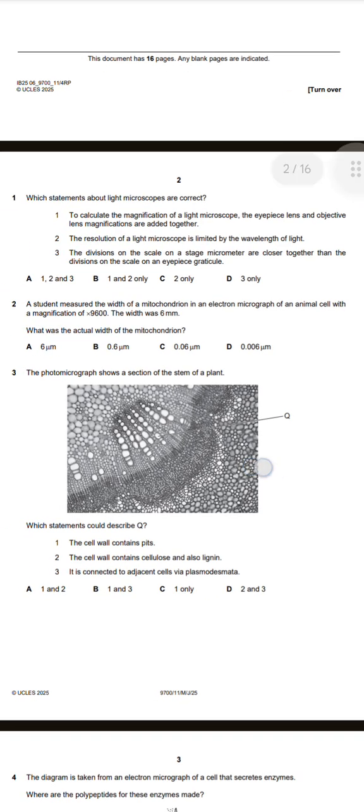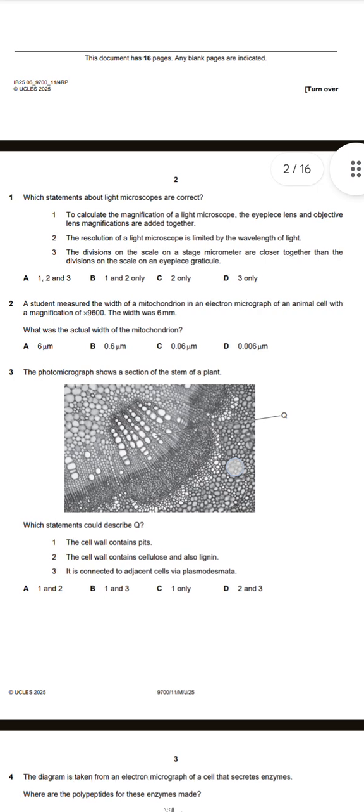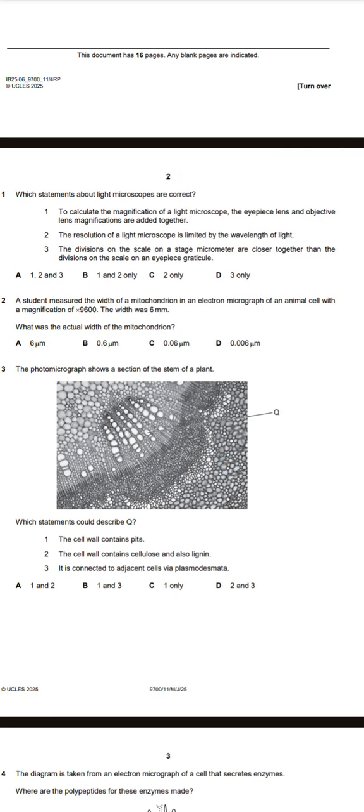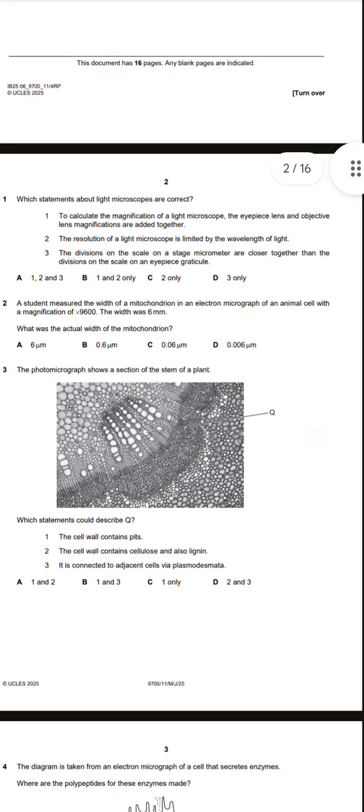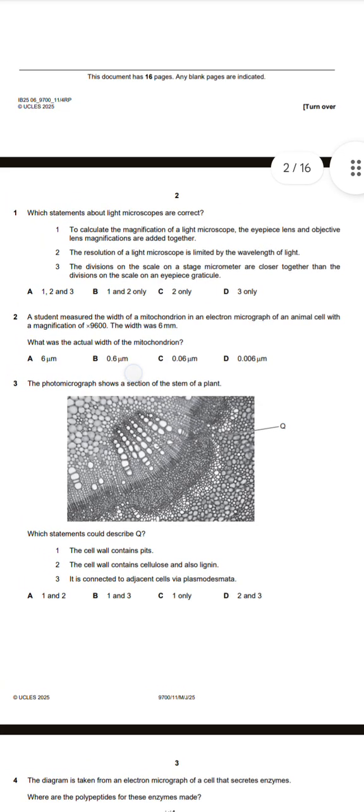Option 1 says to calculate the magnification of a light microscope, the eyepiece and the objective lens magnifications are added together. This statement isn't correct because they are multiplied, not added. The eyepiece is the lens where you put your eye, and the objective is the second lens at the bottom, just above the stage.